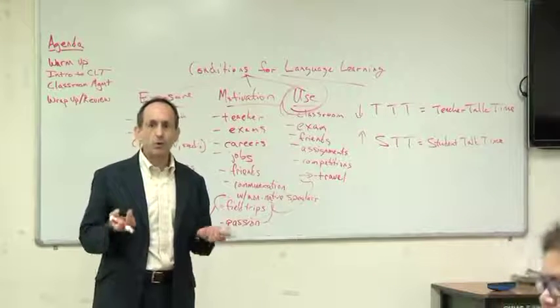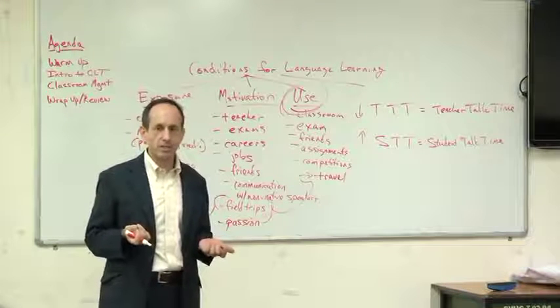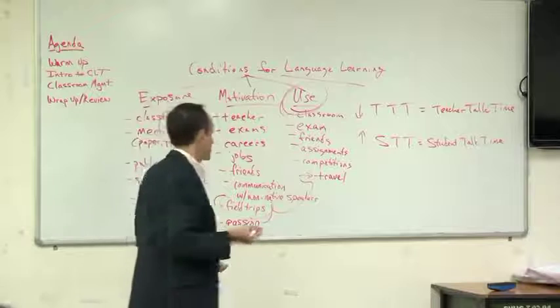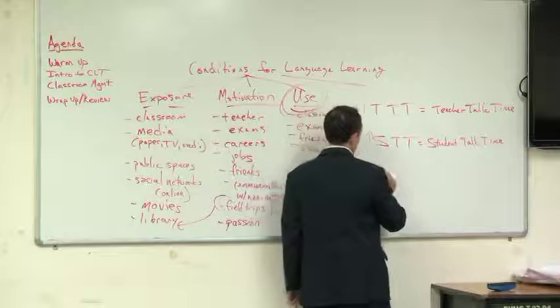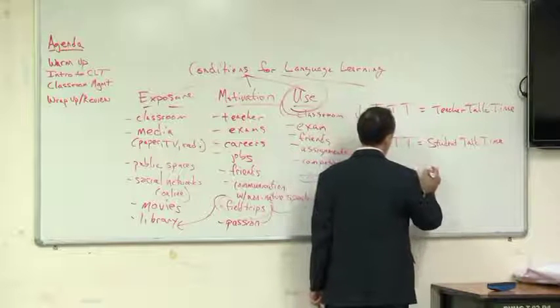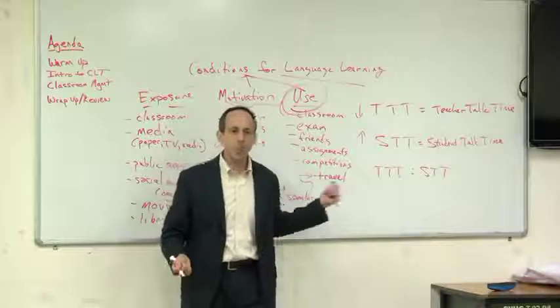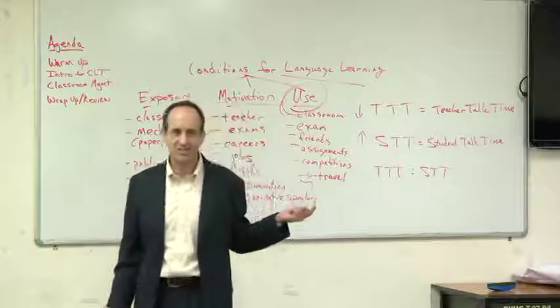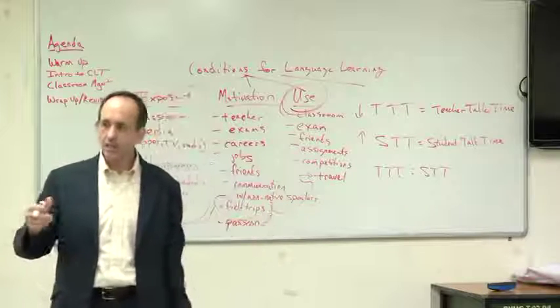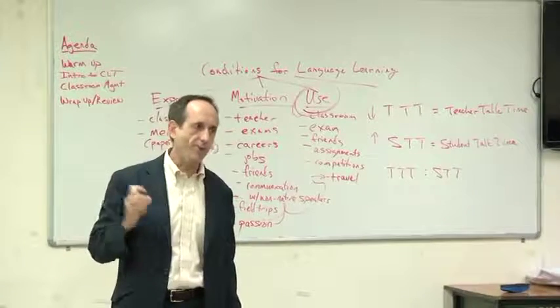What do you think would be a good ratio, a good percentage in a language class? A good ratio of teacher talk time to student talk time. Which should be more in a language class? Ideally, the student talk time should be more than the teacher talk time.